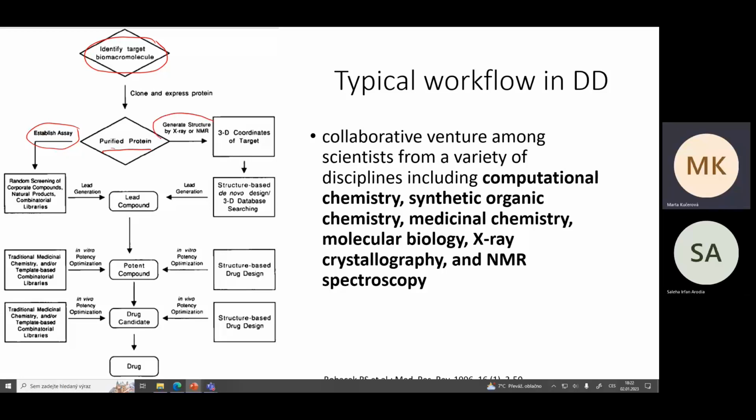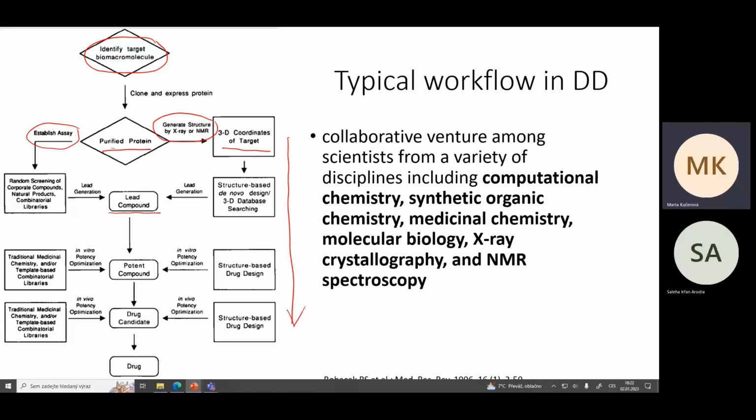We also need the crystallographic structure or 3D structure of the protein. We can generate it most often by X-ray or by NMR spectroscopy or by cryo-electron microscopy to get the coordinates of the target, and we can use them in structure-based design in silico. So the right part of the plot concerns in silico chemistry.